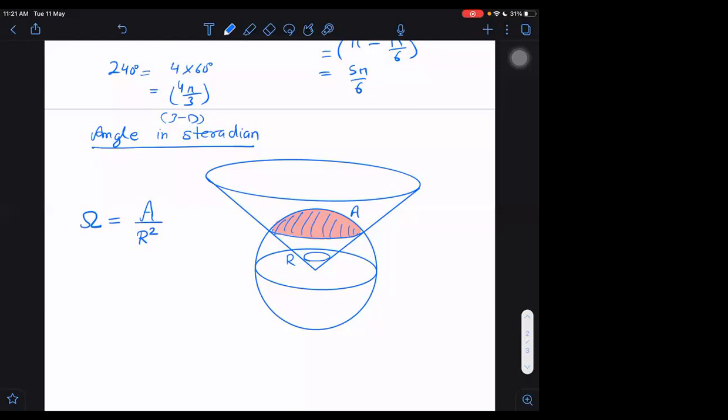We can determine this angle in terms of the semi-vertex angle of the cone. You know the meaning of semi-vertex angle? Half angle at the vertex.